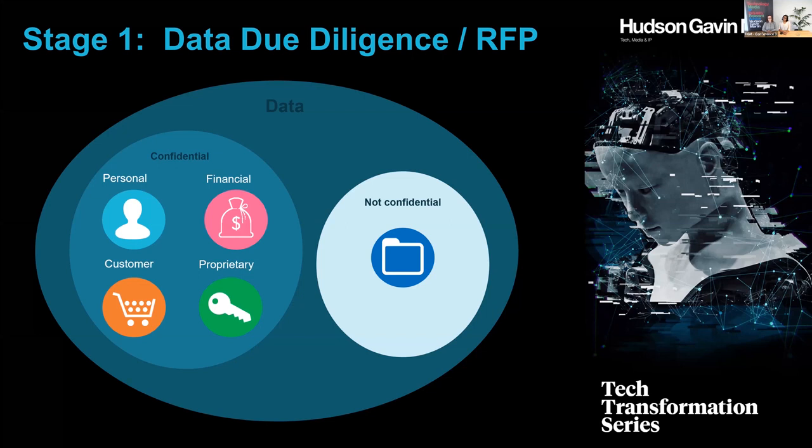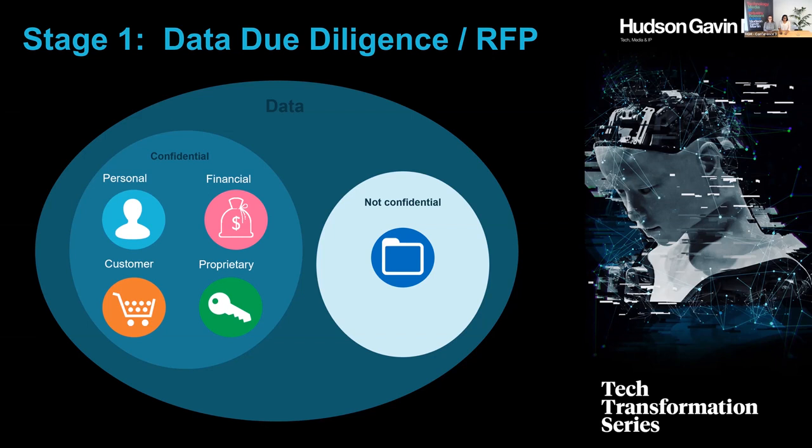Now, from an implementation partner or vendor's perspective, understanding the nature of the data that will be involved in a project that you're involved in will help you gauge whether those obligations that the customer is seeking to pass down to you are reasonable, whether they're appropriate given the nature of the data, and therefore you can make an assessment as to whether those are acceptable to you.